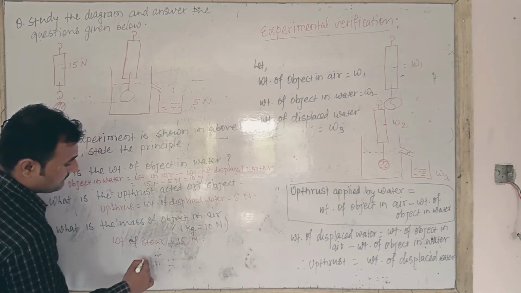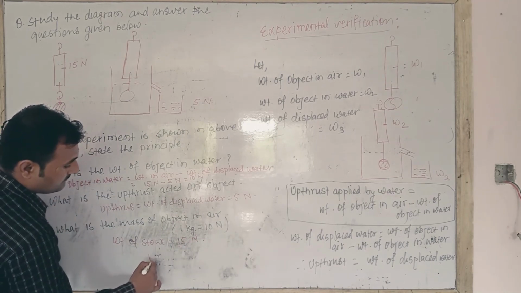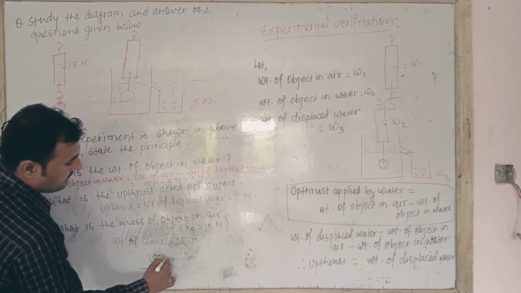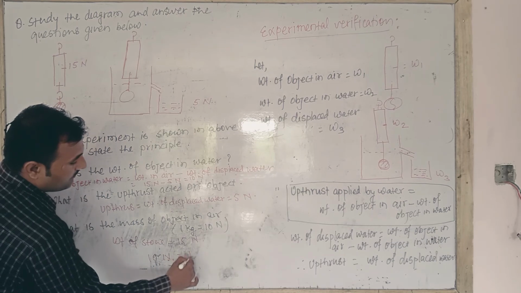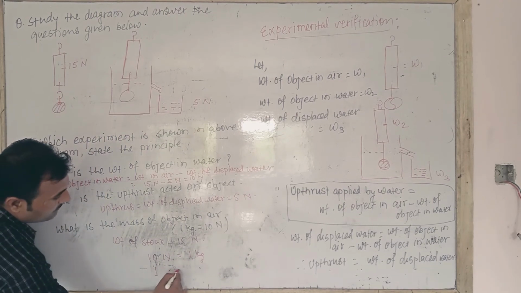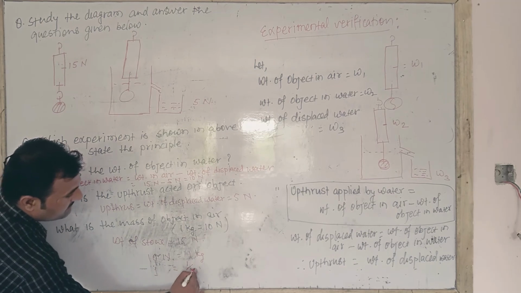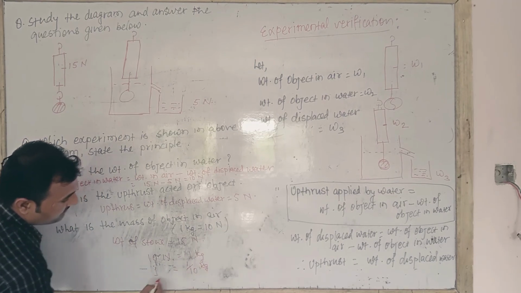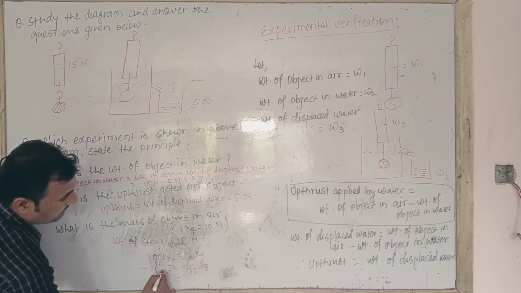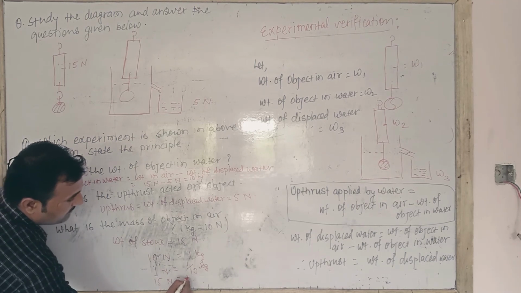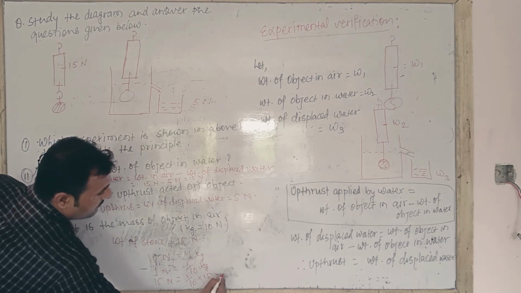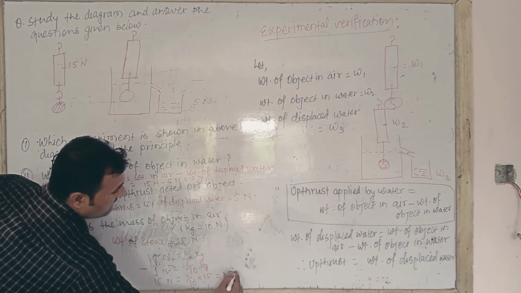And here we write 10 Newton equal to 1 kg. 1 Newton equal to 1 by 10 kg. 15 Newton equal to 1 by 10 into 15, which is 1.5 kg.